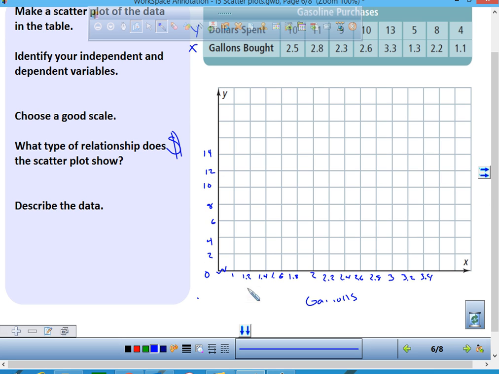So my first point, 2.5 on the x and 10 on the y.